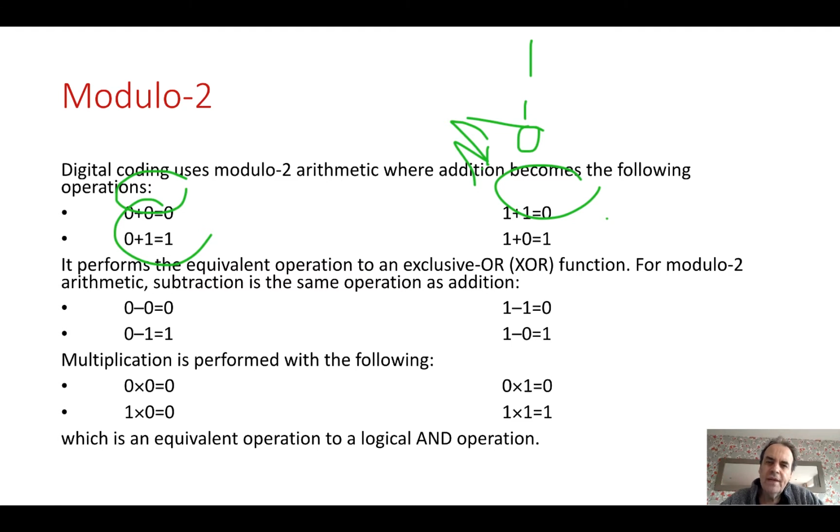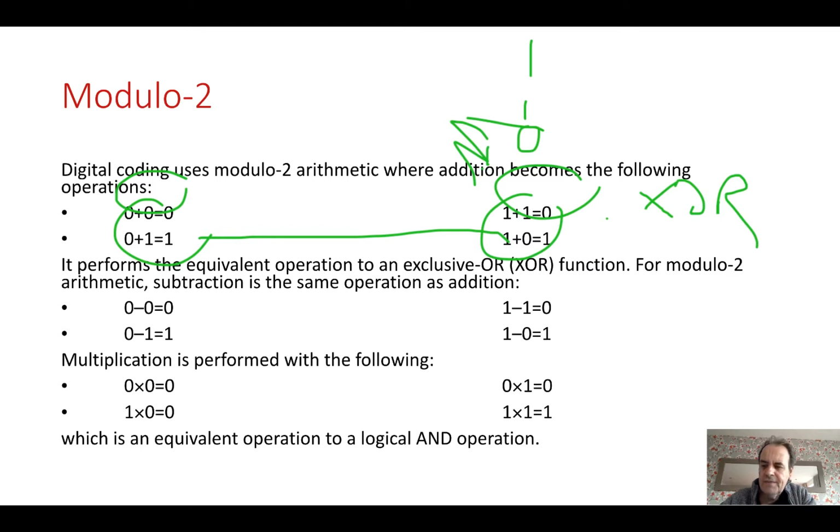So a 1 and a 1 is a 0, and a 1 add 0 gives us 1. These two operations give us our binary add, and we would define this gate as an exclusive OR, which appears quite often in our error coding circuits.